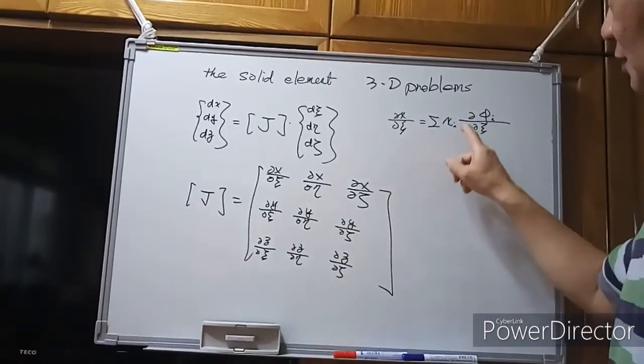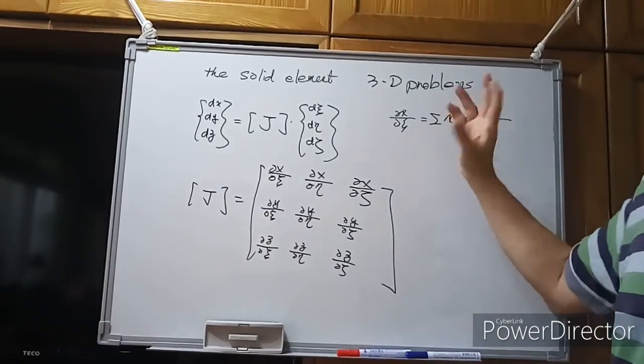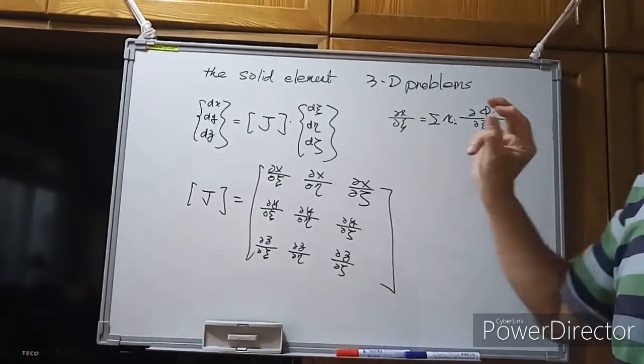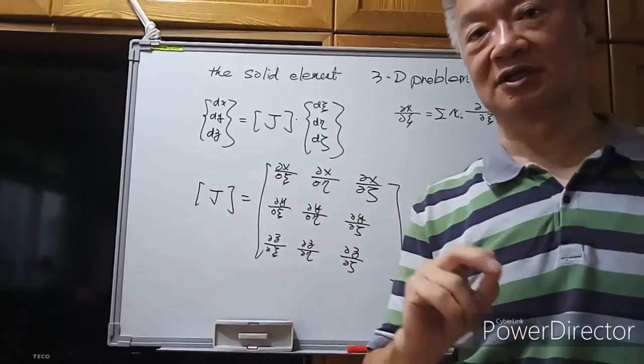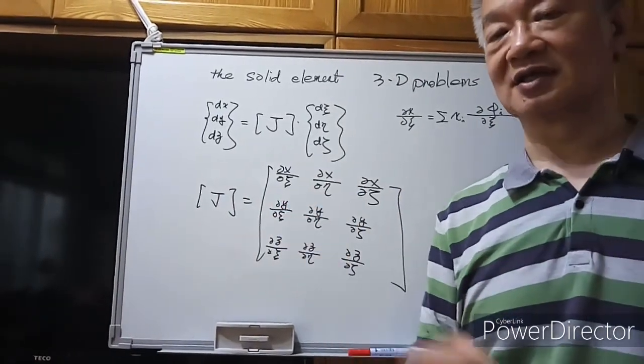So when you take the chain rule, this one does not need to be changed. It is a constant. Only the phi functions are functions of xi, eta, and zeta.